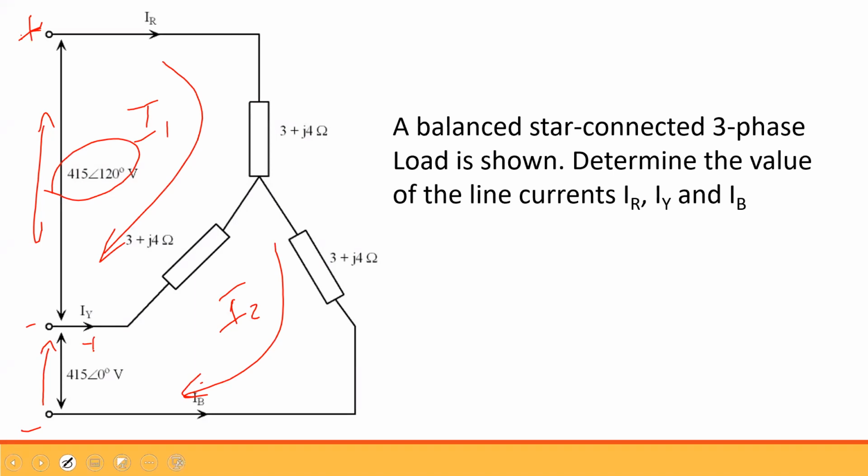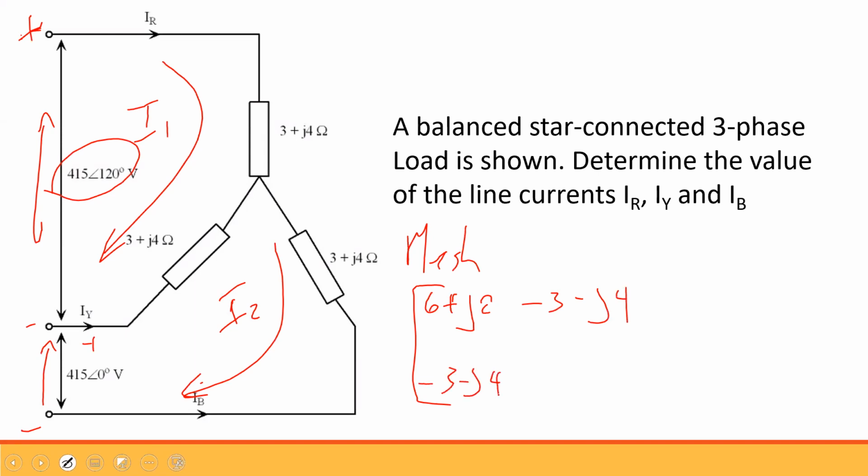So if you were to do that, then for mesh one, if we were to write the matrix, it would be 6 plus j8, minus 3 minus j4, and then minus 3 minus j4 and 6 plus j8.